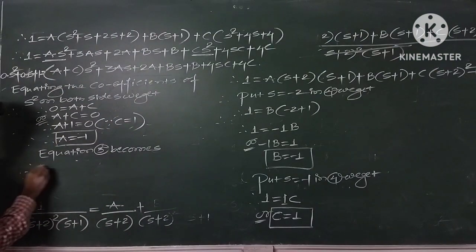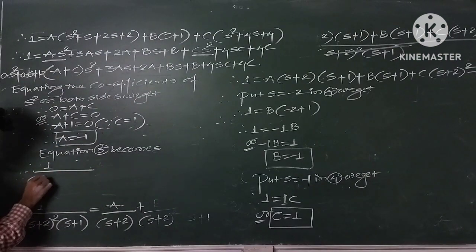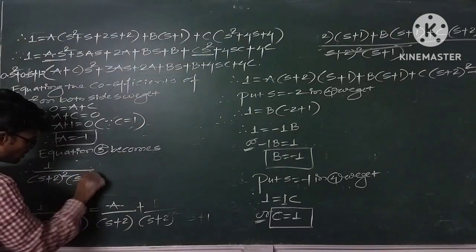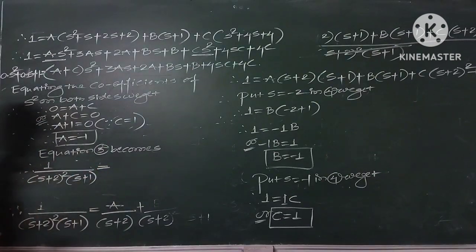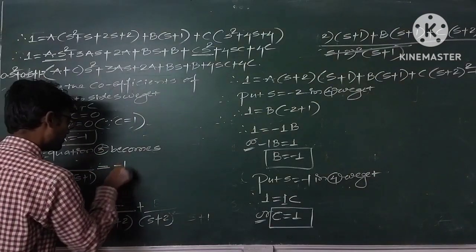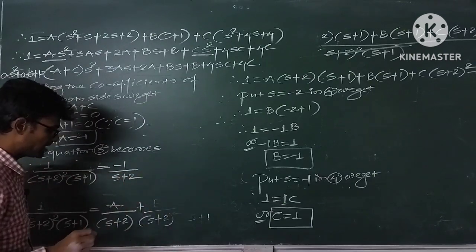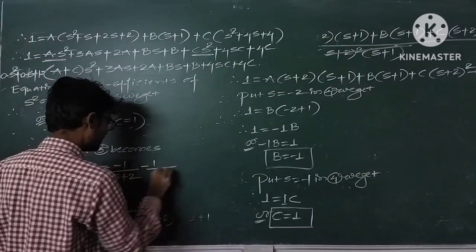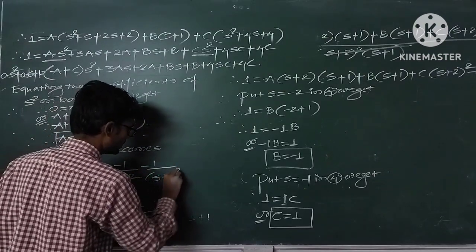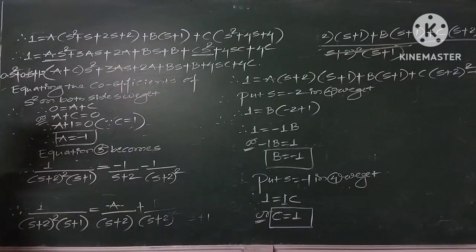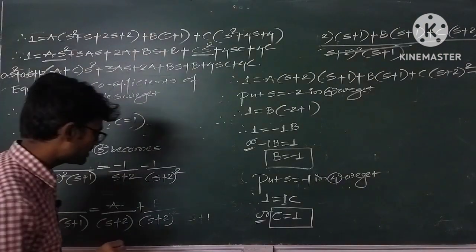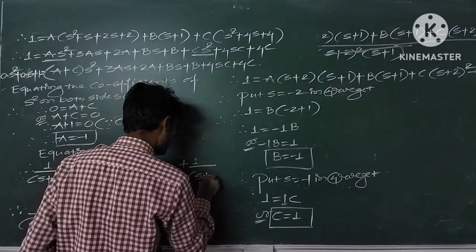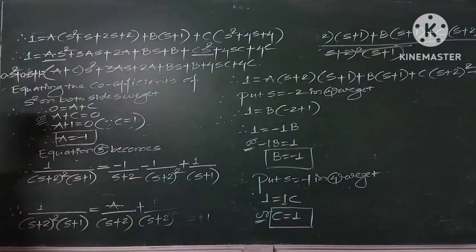So therefore I will write 1 divided by (s plus 2) whole square into (s plus 1) is equal to a, the value of a is minus 1 by (s plus 2), plus b is also minus 1, minus 1 divided by (s plus 2) whole square, plus c is 1 divided by (s plus 1).